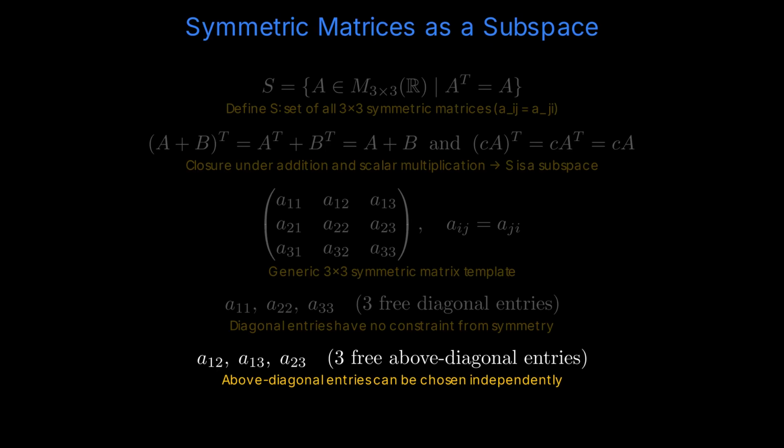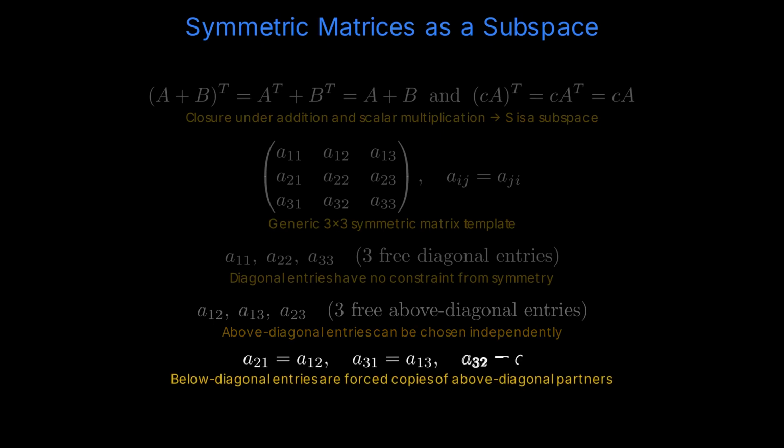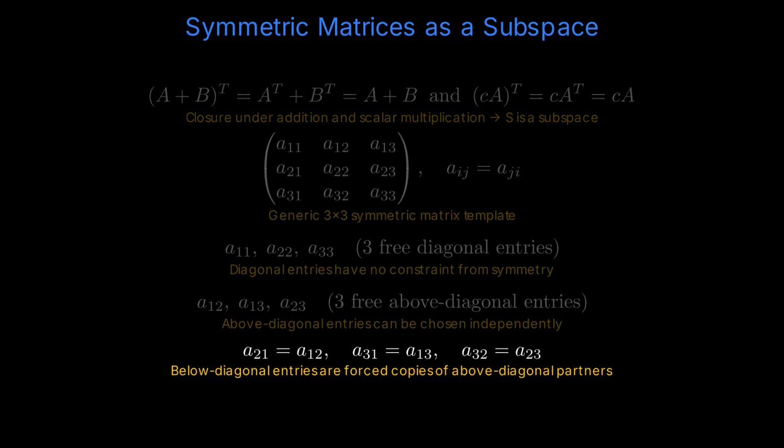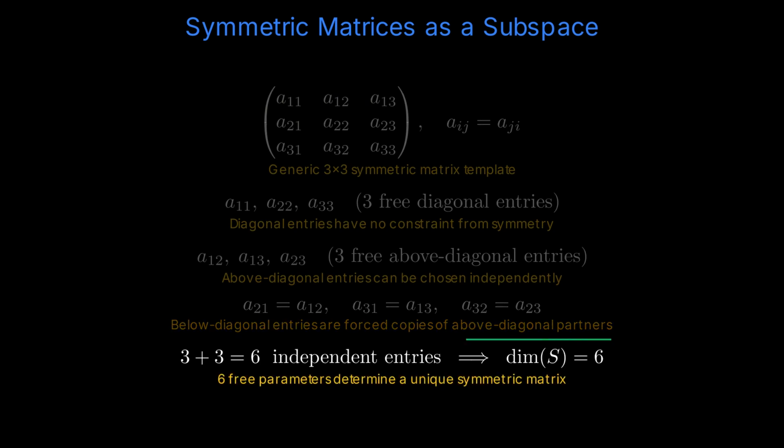But the 3 below-diagonal entries, A21, A31, and A32, are forced. Each one must mirror its partner above the diagonal. So A21 equals A12, A31 equals A13, and A32 equals A23. That gives us 3 plus 3 equals 6 independent entries, so the dimension of S equals 6.